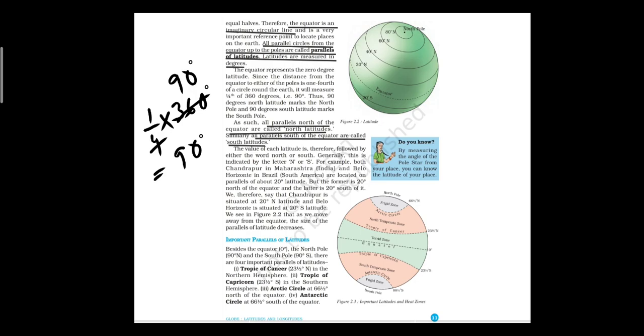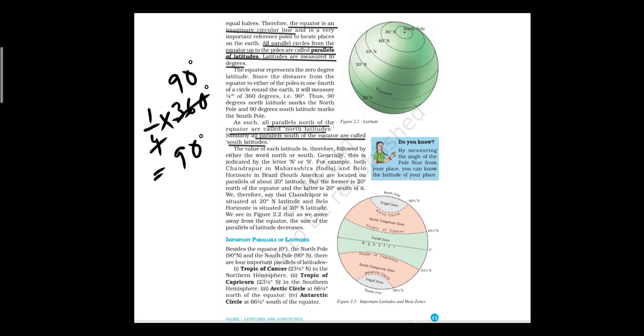So Chandrapur is on 20-degree north latitude and Belo Horizonte is on 20-degree south latitude, because India is on top of the equator. Equator is not passing through India. So India is on the northern side. That is why Chandrapur has a 20-degree north latitude location.